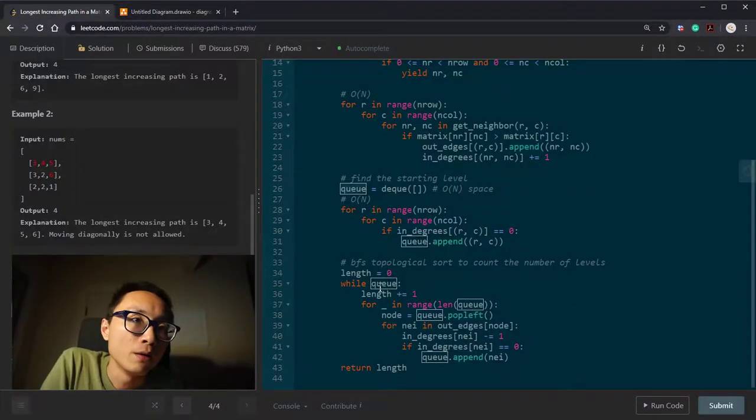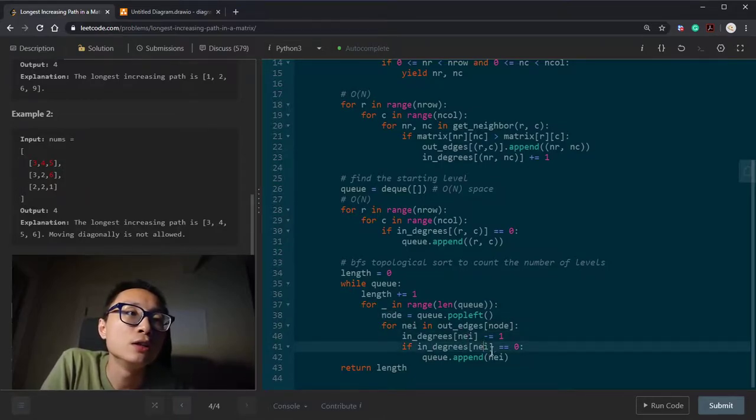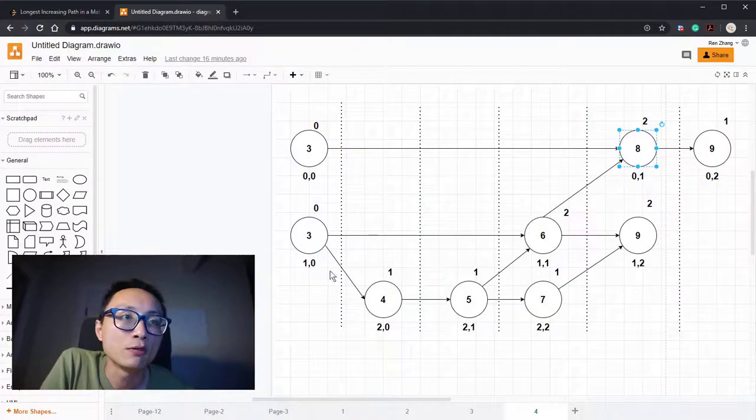Then we're gonna iterate over popping all of those nodes out, all the first level nodes out, and for every such node, we try to follow the out edge and decrease the in degree count for the neighbor nodes. Once the neighbor node's in degree decreases to 0, that means we have already considered all the paths that lead to it.